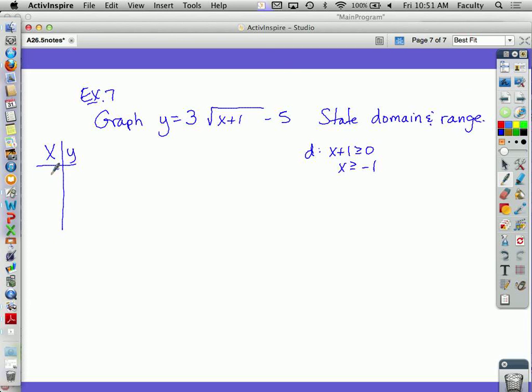So if you're trying the more advanced way, your square root table is 0, 1, 4, 9. But this is left 1. So that means I'm taking each of those x values and moving them left 1, so I can do it in one graph. I personally prefer this way, but you choose either.